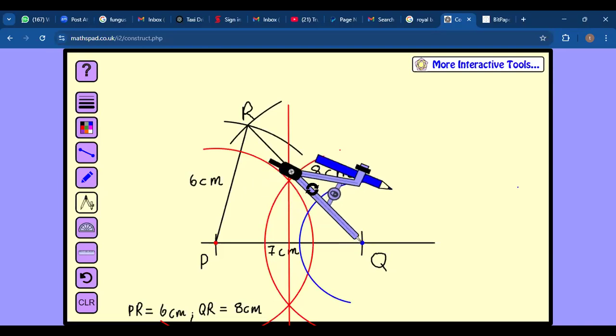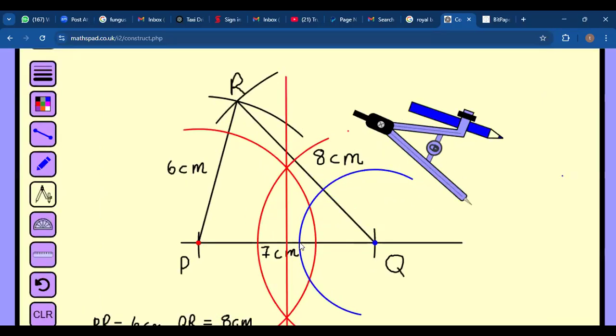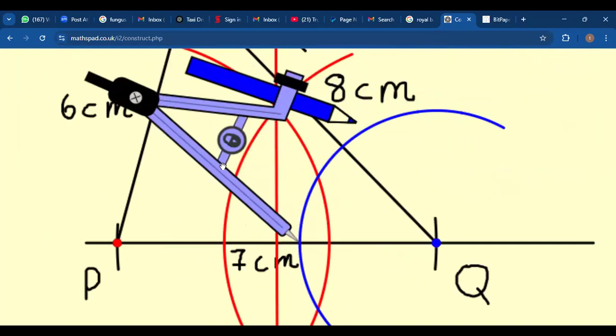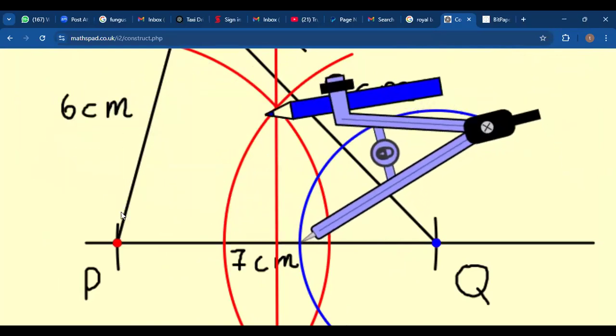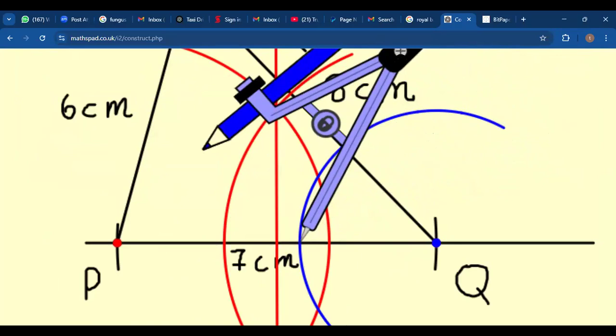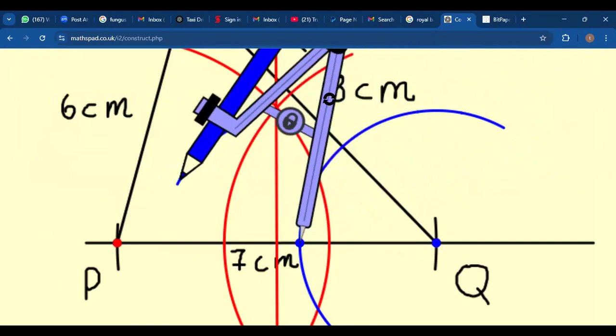After I do that, I'm going to come to this particular point right here and draw another arc. This is an interior arc. It's going to be right in the middle there.